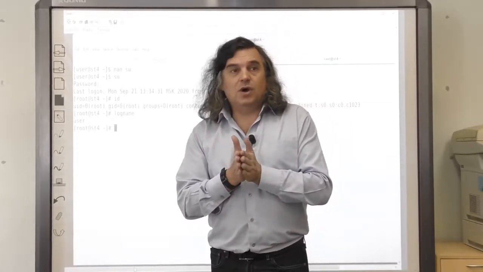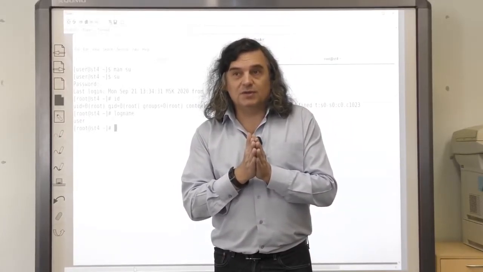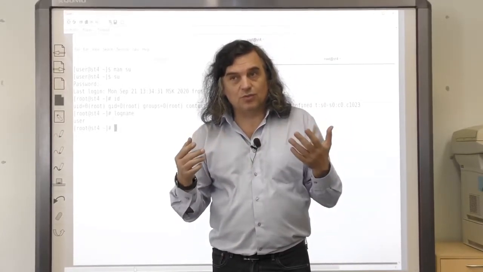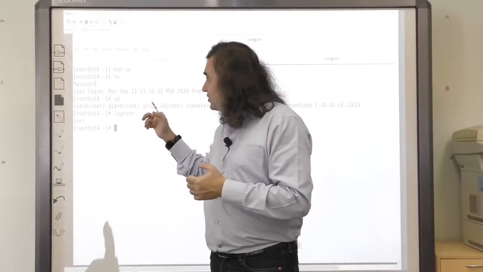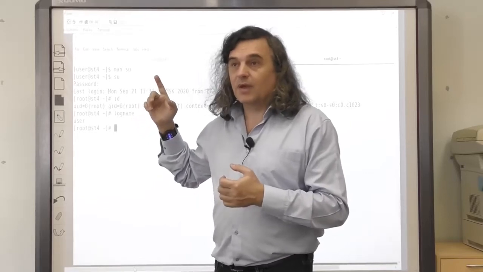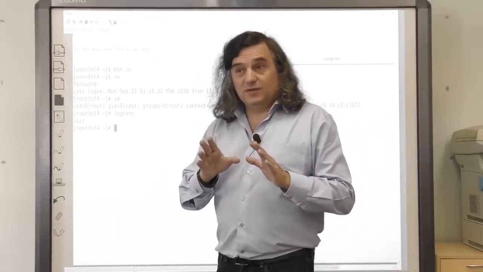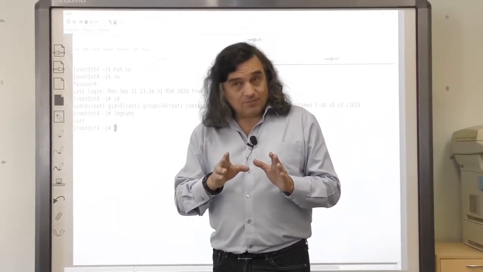In BSD systems, for security reasons, only users in the wheel group 0 can use su as root, even if you know the root password.